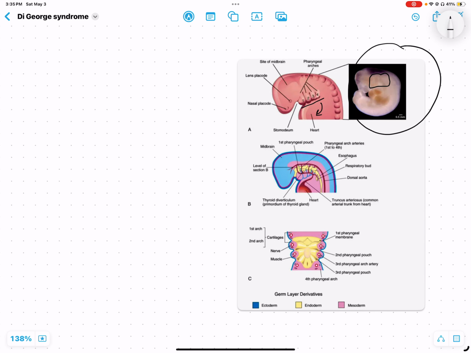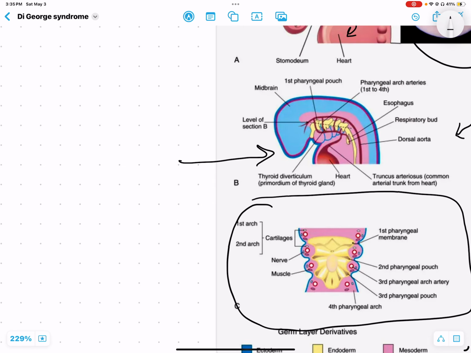You can see the lateral section of the embryo looks something like this, and when you look from the front, it looks something like this. Each segment is divided into a bunch of blocks, and this is called an arch. Between two arches, from the inside, it is a pouch, and this is the pouch we were talking about.